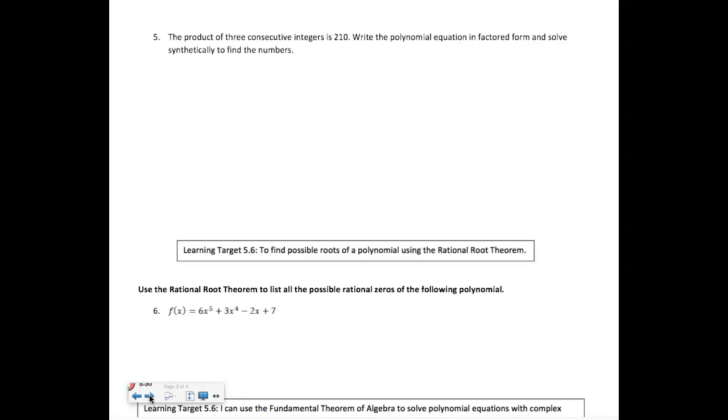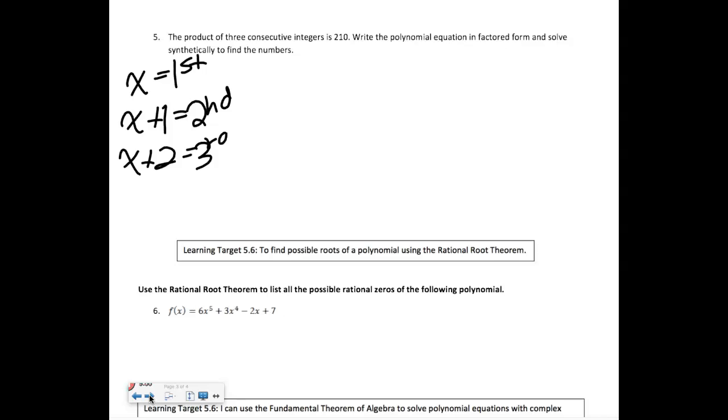Okay. So the first thing you're going to get a point on is you are telling me x represents our first number. Okay. X plus 1 represents our second number. And x plus 2 represents our third number.